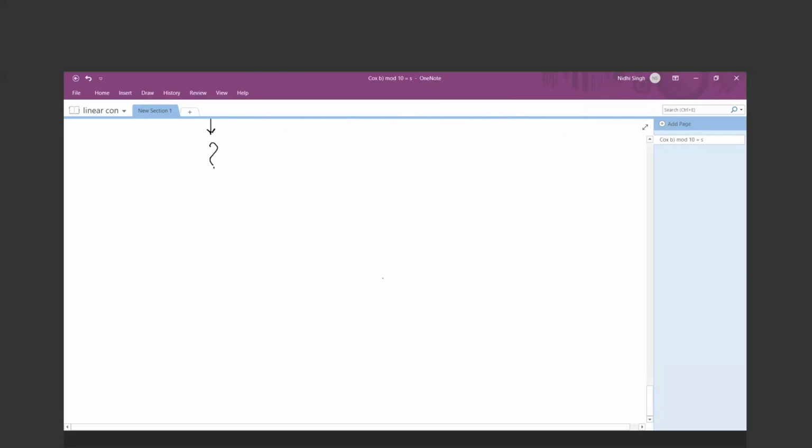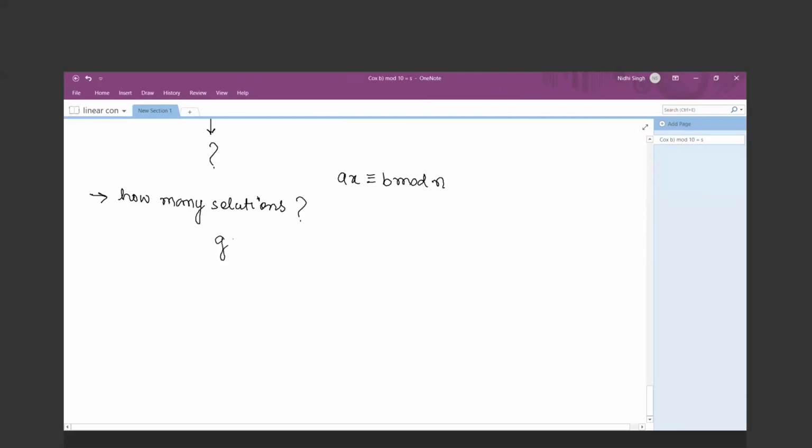So how many solutions do we have to find out? My equation is Ax congruent b mod n. And how many solutions of X over there?